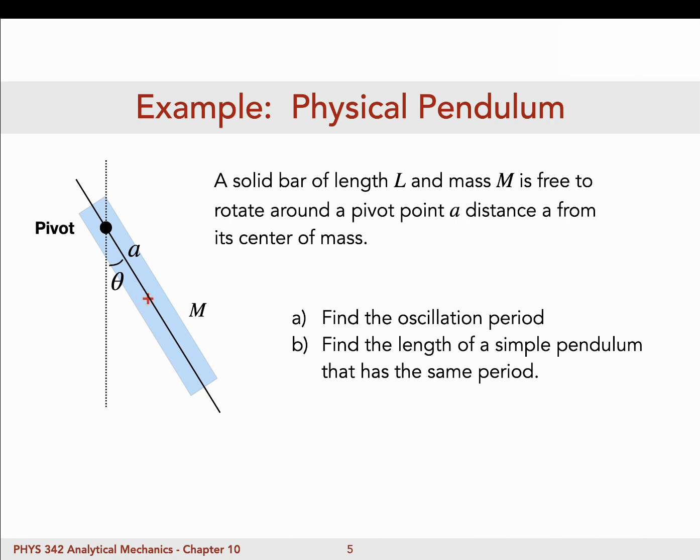We want to find the oscillation period and then find the length of a simple pendulum that gives that same oscillation period. So if you had just a pendulum bob with all the mass down at the end, how long would that pendulum have to be to have the same period as this solid beam that's hanging?